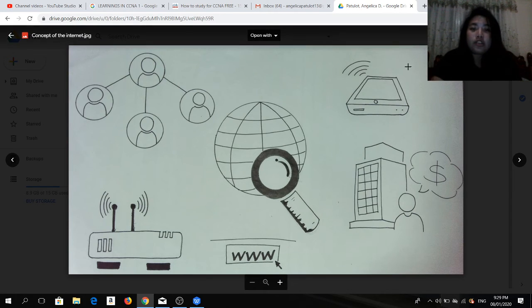Then the next illustration is a device being connected to the internet. A router. A router is a hardware device.